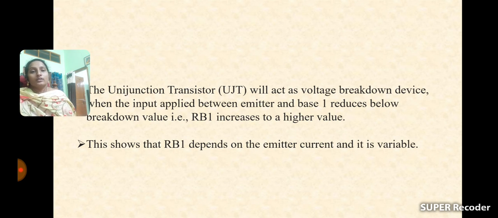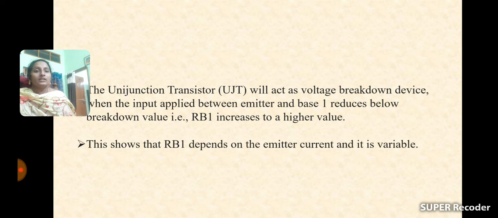And now the UJT will also act as a voltage divider network or voltage breakdown network. When the input applied between the emitter and base 1 reduces below the breakdown value, RB1 increases to a higher value. Is it clear?